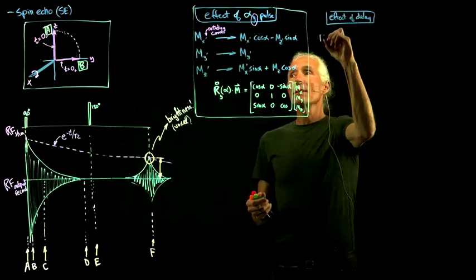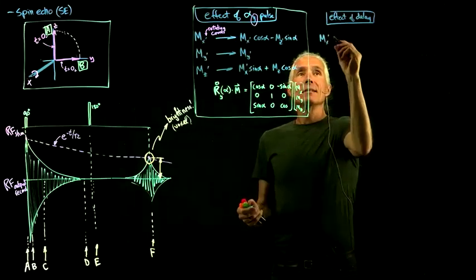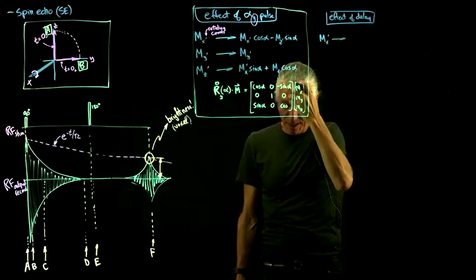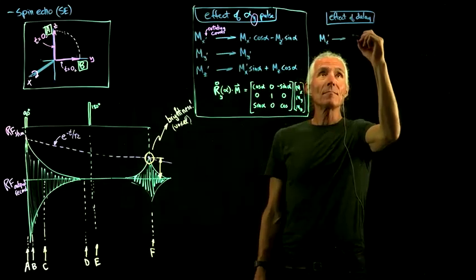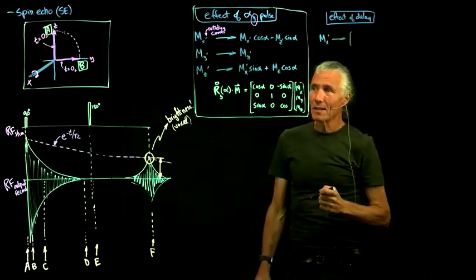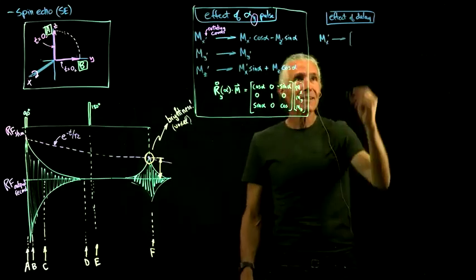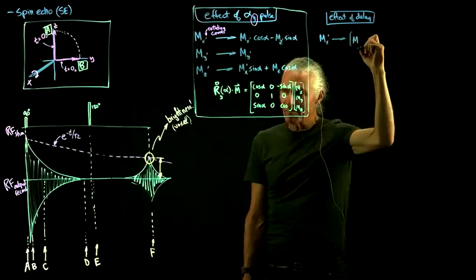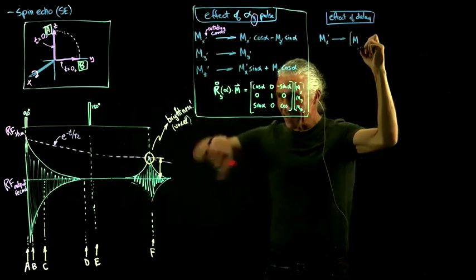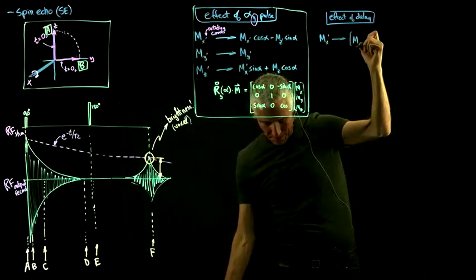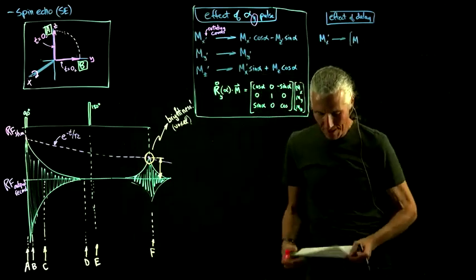The mx value is equal to the precession. We've got some precession going on, and for this we need a rotation around the z-axis, because that's what a precession is.